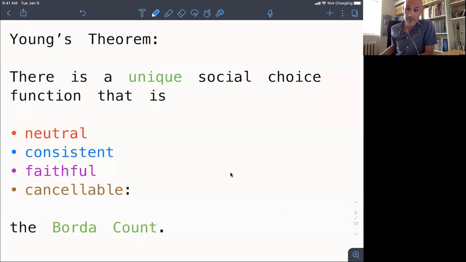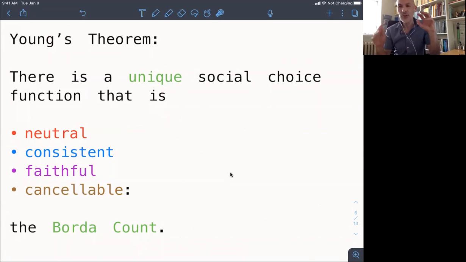way of voting that satisfies all of these beautiful properties, which I will not define for you. Maybe I'll say 1 or 2 words about what these mean later. But there is a unique social choice function, a unique way to vote that is neutral. That's the everybody has equal chance of winning before we start. Consistent.